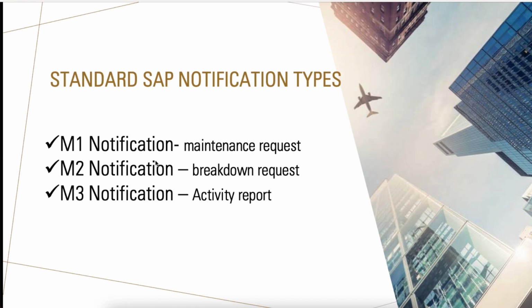So both the M1 and the M2 notification, if there has to be some sort of planning for that job, then you go ahead to communicate the notification to the maintenance department to convert that particular notification to a work order. Because of course, at that particular period, you are going to be needing planning. All right, maybe you have spare parts that need replacement, so you can only do this when you have converted the notification to a work order.